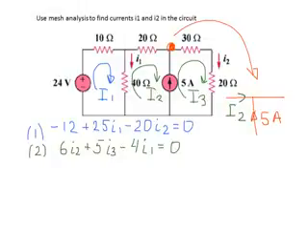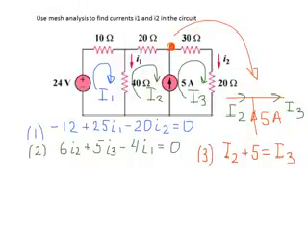And there is also the current I3 going out from the node. Applying Kirchhoff's current law to this node, we know that all currents coming into the node equal the sum of all currents leaving the node, so I2 plus 5 equals I3. So this is our equation number 3.